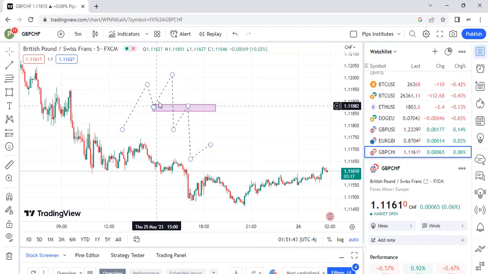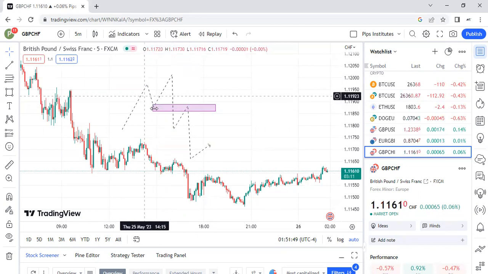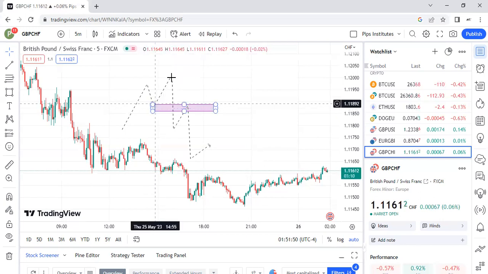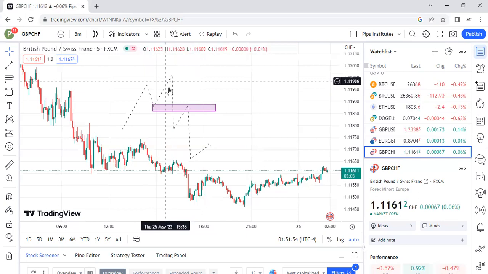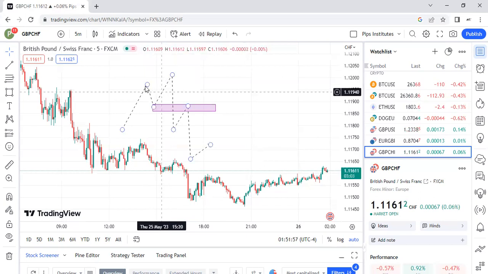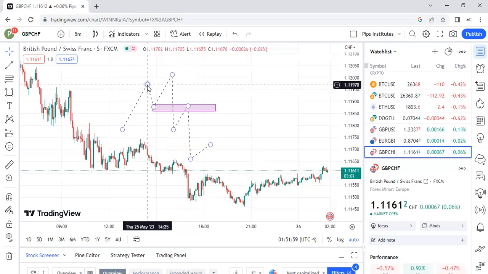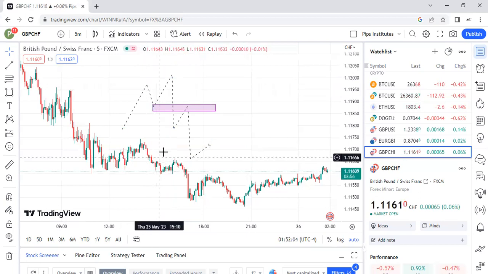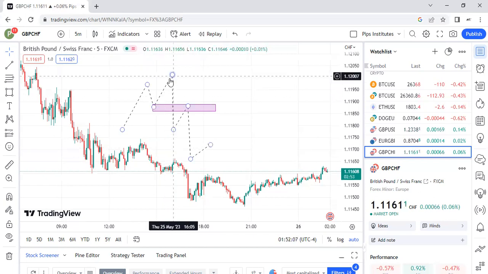In a breaker block, the second leg of the M is actually higher than the first leg. If you use divergence, this is going to be a divergence where price shows a higher high while the indicator shows a lower low.